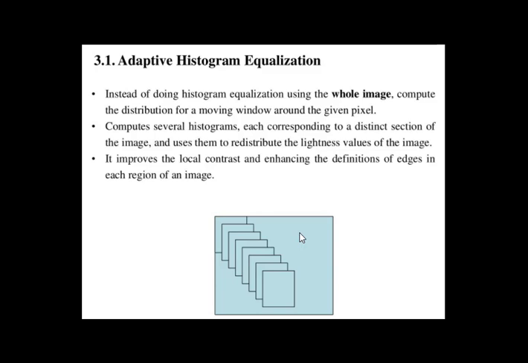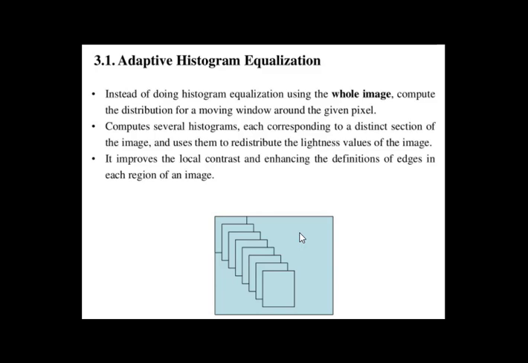So we have different image sections for that pixel. For this technique, each histogram corresponds to a distinct section of the image. We have to compute several histograms and use them to redistribute the lightness values of the image.